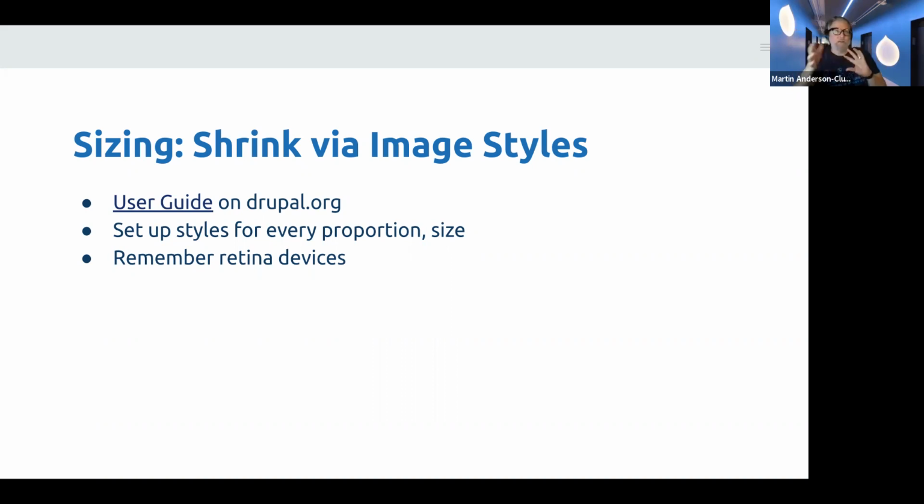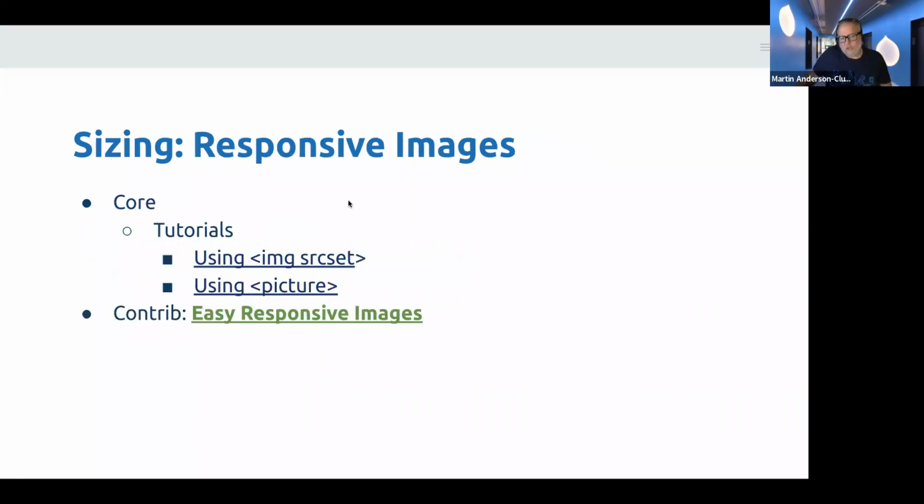And so the trade-off there is that typically, if you can, you want to try and provide higher resolution images for the devices that are going to be able to benefit from those, but you don't want to necessarily send those huge images to devices that won't benefit from them. And that's where your site is really going to benefit from using responsive images, which again is something that's built into core. And there's actually a couple of different approaches.